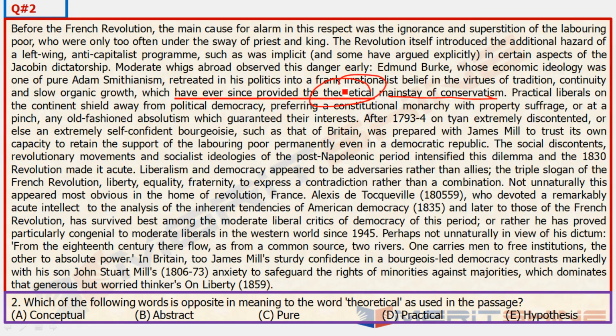So theoretical means in theory. Now what will be the opposite of it? Conceptual, no, that's meaning. Abstract, no, that's a little irrelevant. Pure, irrelevant. Practical, yes, that's the opposite. Theoretical is in theory, not in practice. Practical is in practice. Hypothesis is more or less a synonym to theoretical. So your answer is D. Your answer in this case is D. Clear? Chalo, let's move on to the next question.